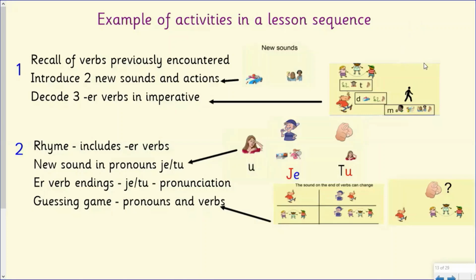So in this first lesson here, we're working on verbs, and we're recalling verbs that they've already met. And then before we introduce how to pronounce some new verbs, I would introduce two of the sounds which I know that they've not met before.